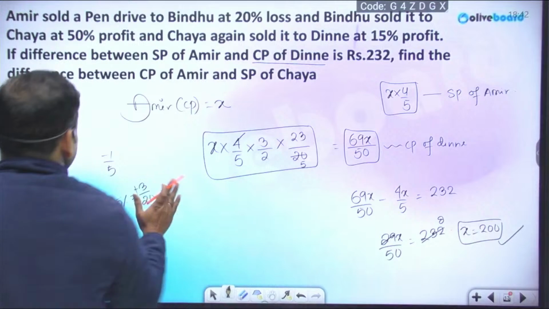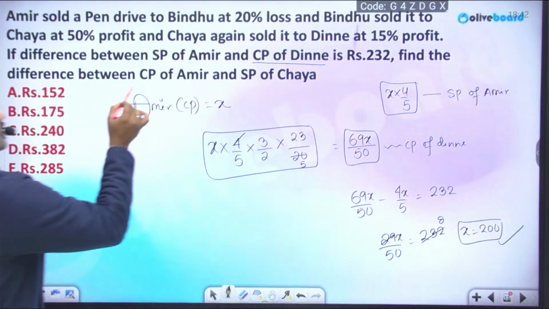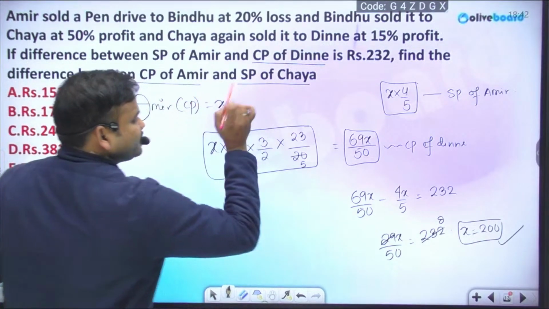What is the difference between the cost price of Amir and the selling price of Chaya?